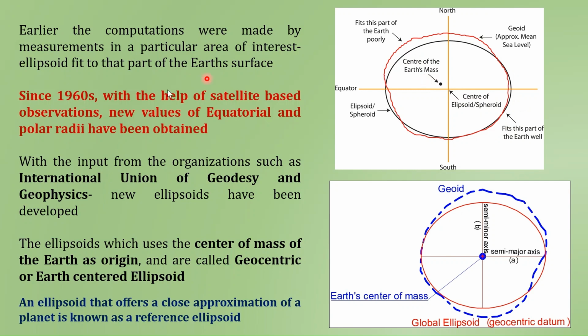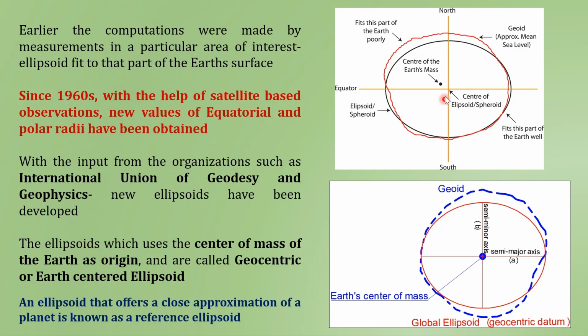So since 1960, with the help of satellite-based observation, we have new values of the equatorial and the polar radii, and with input from organizations like the International Union of Geodesy and Geophysics, with more accurate measurement of the equatorial and the polar radii, new ellipsoids have been developed.